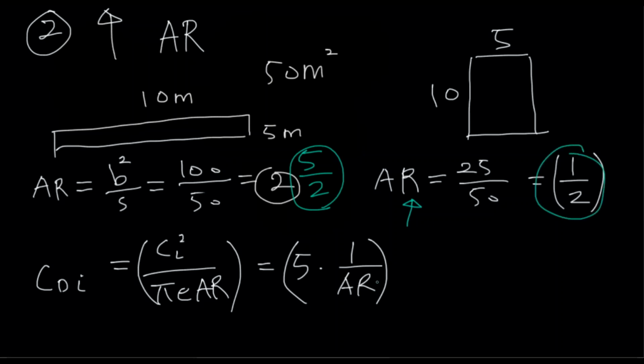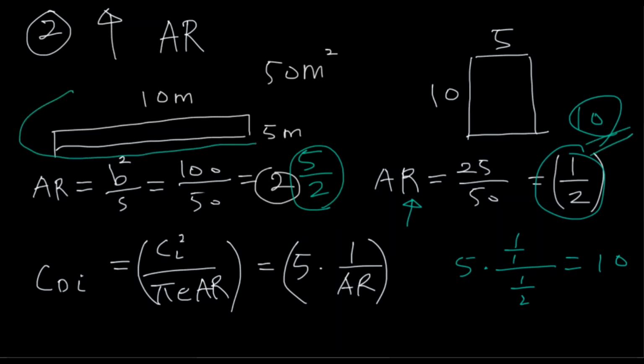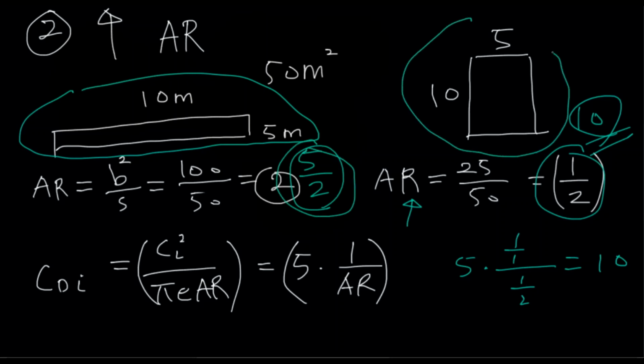If we put that in, this is going to be 5 times 1 over 1 over 2, which is 10. Wow. I mean, look at that. The induced drag for this thin, slender wing is 5/2. And for this really stubby wing, we have an induced drag of 10.